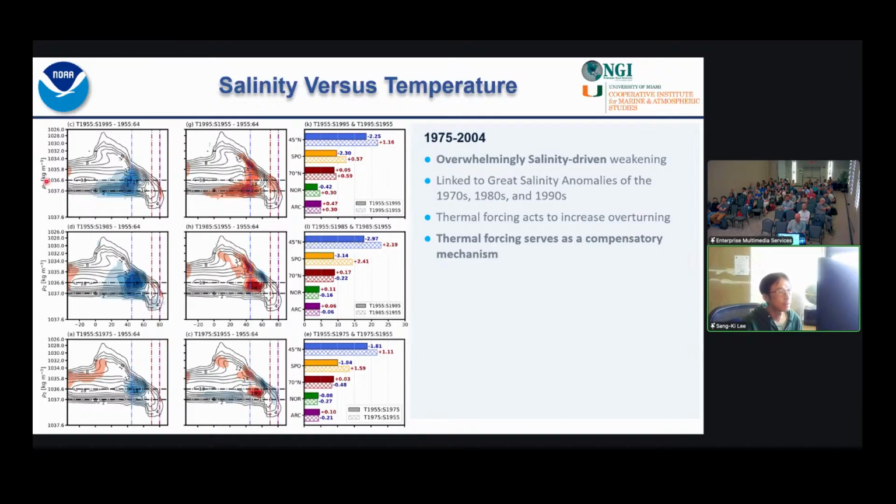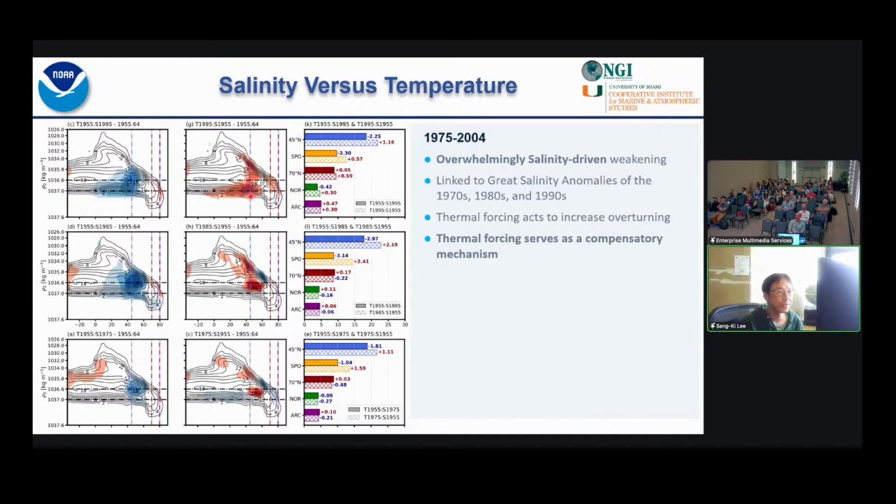For the period of 75 to 2004, it is overwhelmingly salinity that drives the AMOC weakening, not the temperature. This is likely linked to the Great Salinity Anomalies of the 70s, 80s, and 90s. And the thermal forcing actually increased the AMOC.